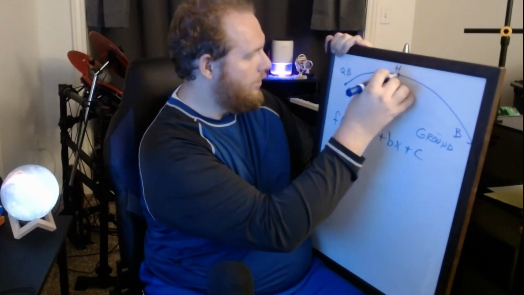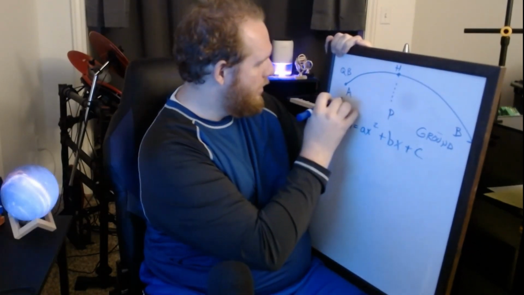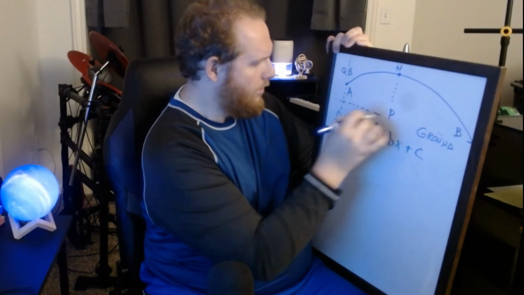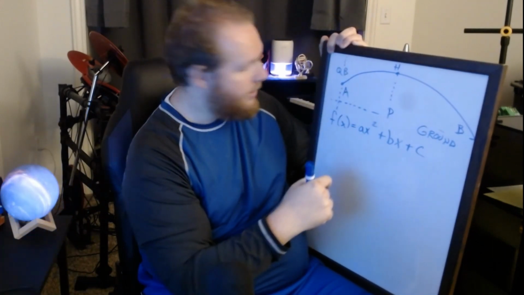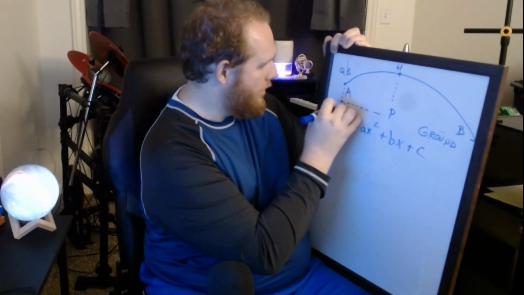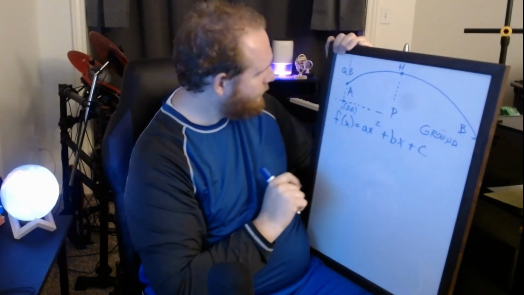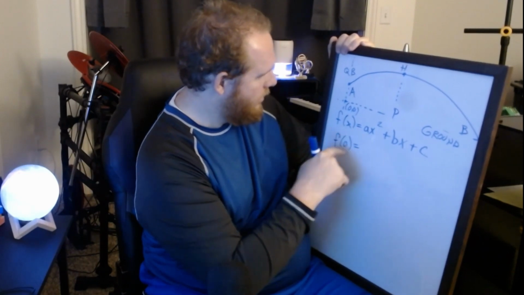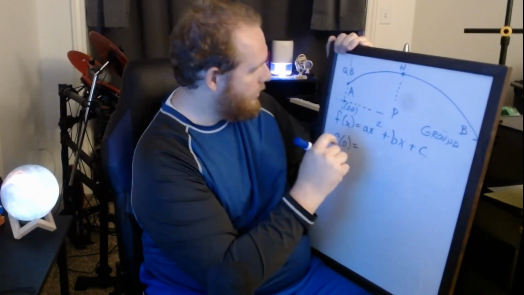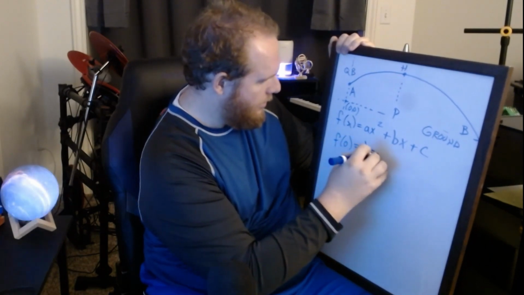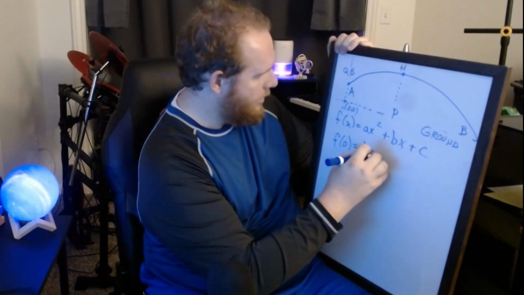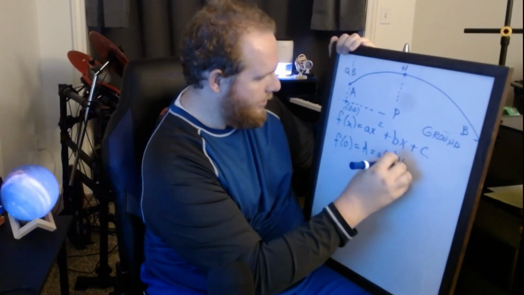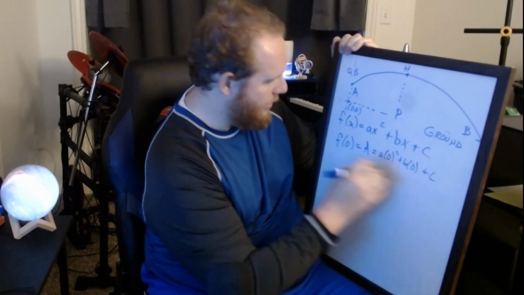Well, we have those 3 points. If we introduce an xy coordinate system here, such that this is our 0, 0 point, well, then we know that f of 0 has to equal A. So this is going to be a times 0 squared plus b times 0 plus c.